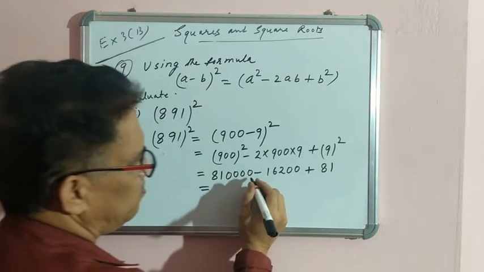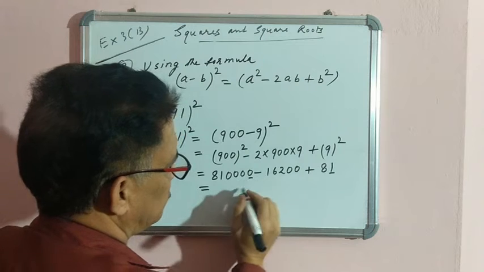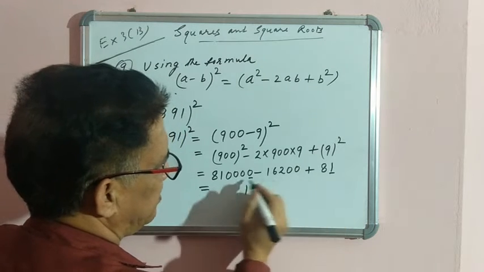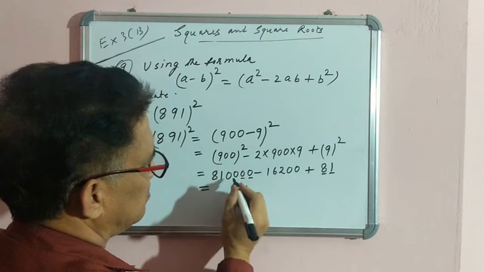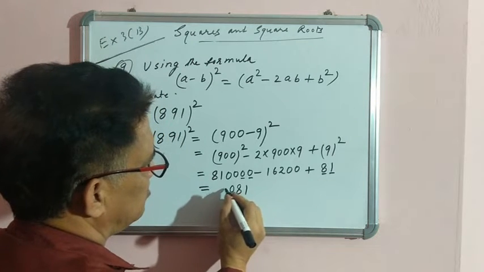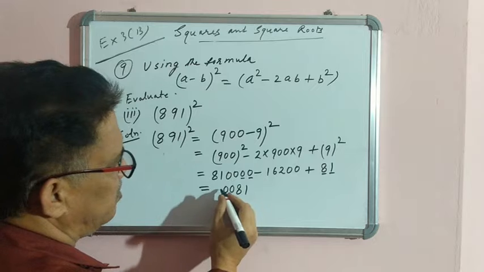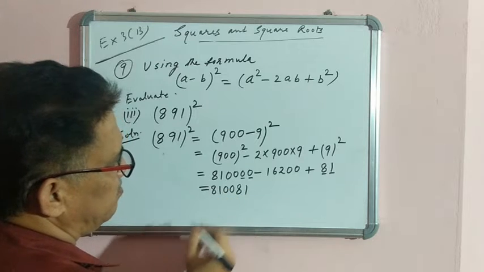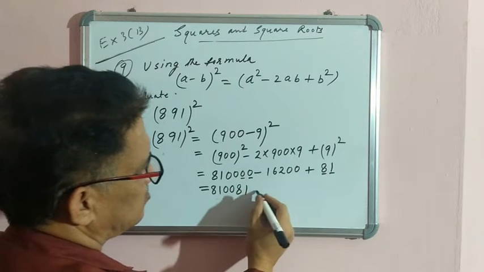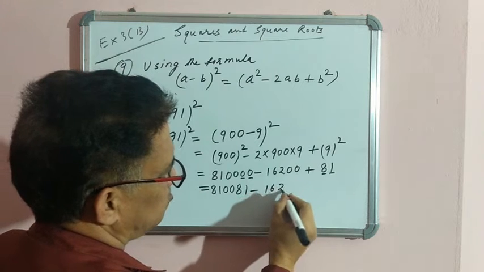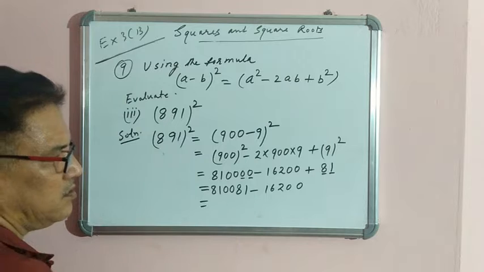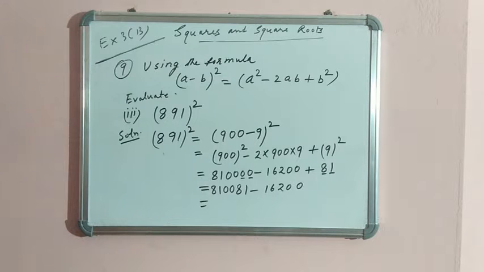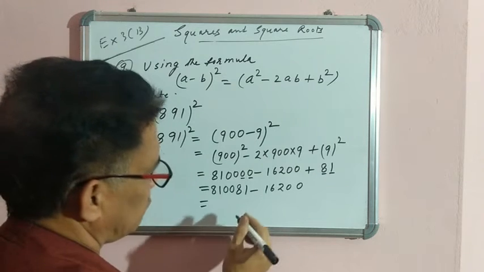So adding, we are getting 1, 8, then double 0, then 1, then 8 we have written, and minus 16200. Now we will subtract from this quantity to get the answer.